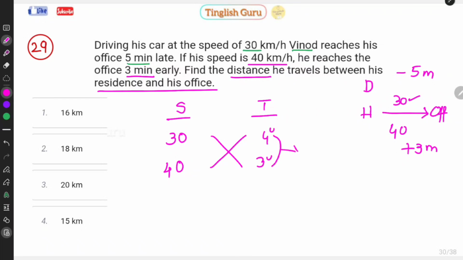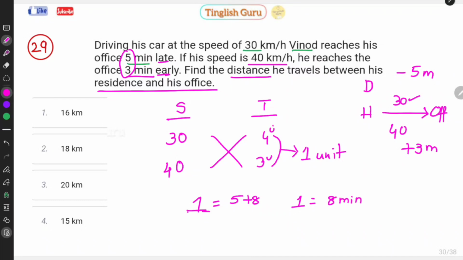The difference is 4 minus 3, 1 unit. But in the question, as here it is late and early, we have to add these two values, that is 5 plus 5. So 1 unit value is equal to 10 minutes.